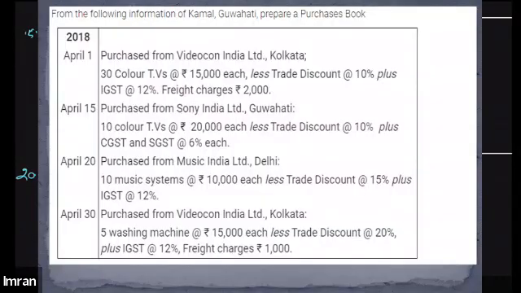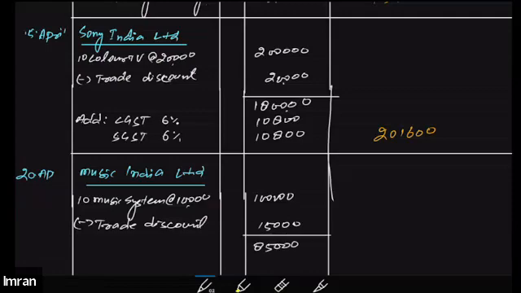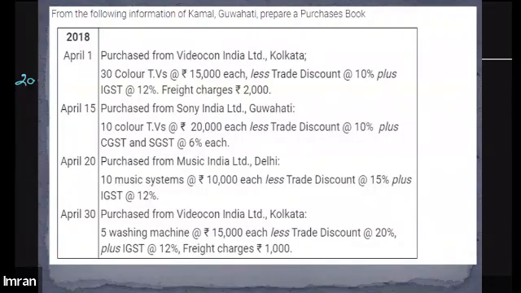And we also got a discount of 15% on this amount, less trade discount. 15% of 1 lakh is 15,000. Subtracting this, we will get 85,000.